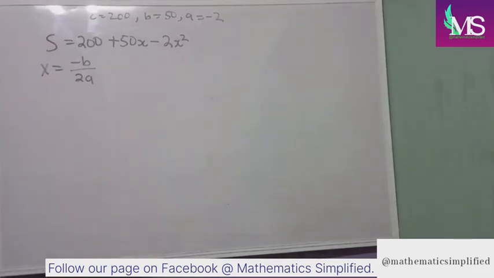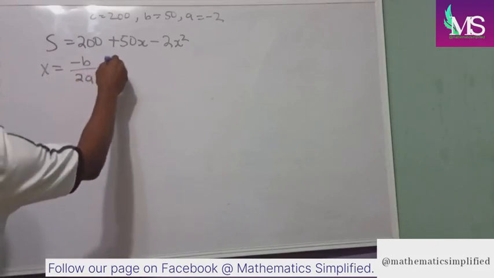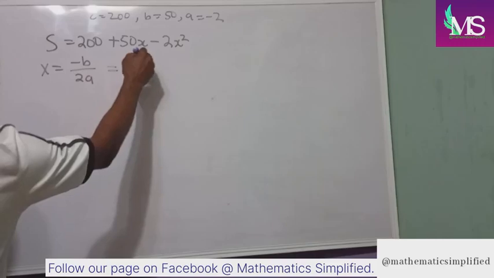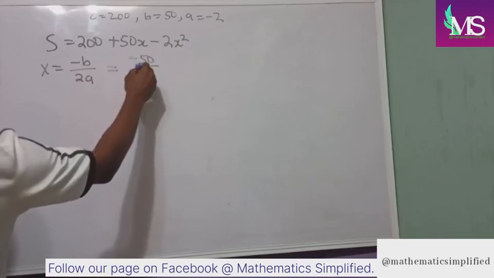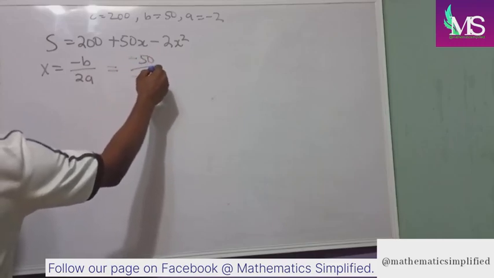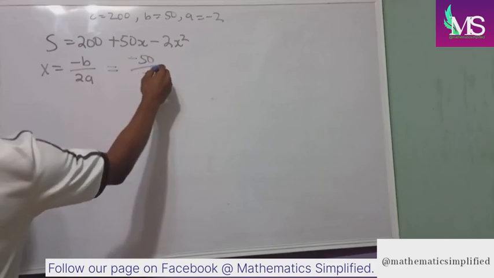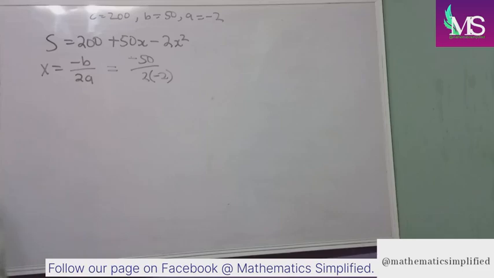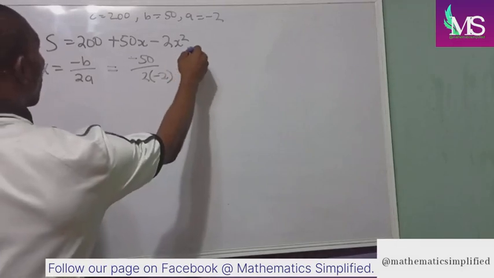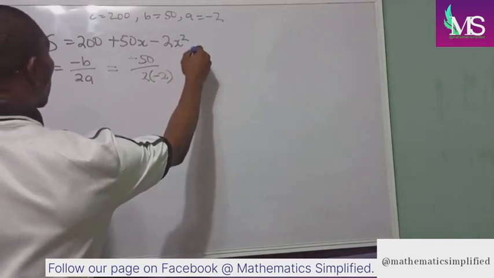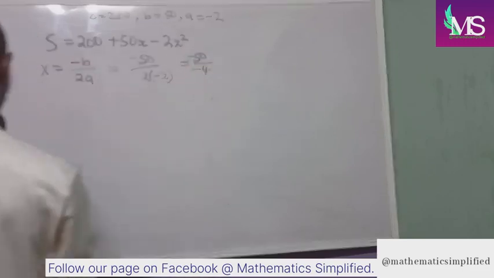Now, inputting our values here, we are going to have minus 50 all over 2 times minus 2. Alright, 2 times minus 2 will give us minus 4.